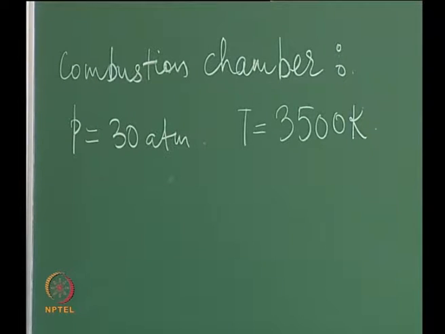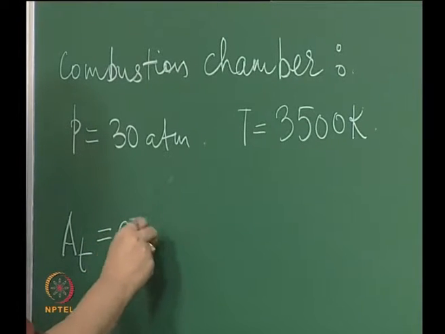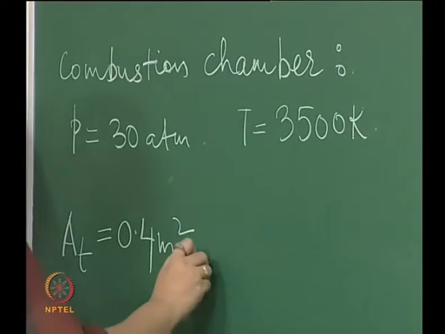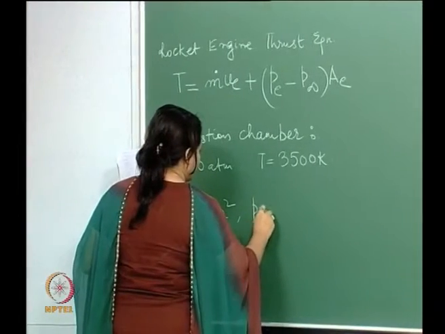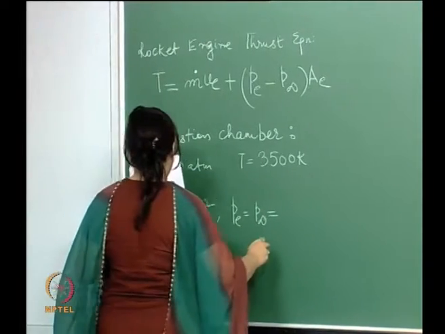Now, regarding the nozzle, some other values are given. If you remember, AT here is the area at the throat. This is given as 0.4 meters square. Pressure at the exit is essentially the ambient pressure.